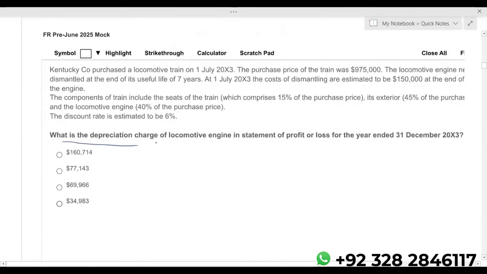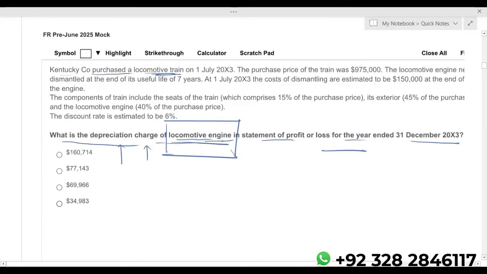What is the depreciation charge of the locomotive engine in the statement of profit and loss for the year ended December X3? They are asking for the depreciation charge of the locomotive engine for the year ended. A company purchased a locomotive train.